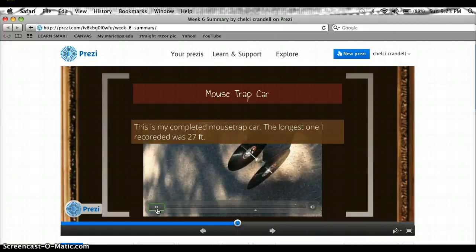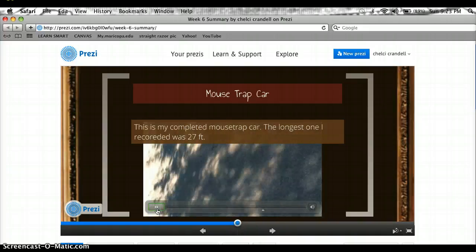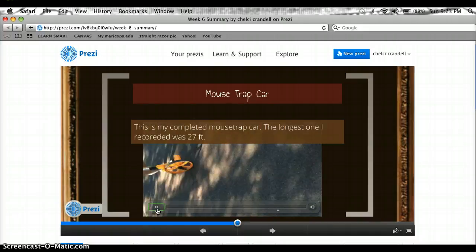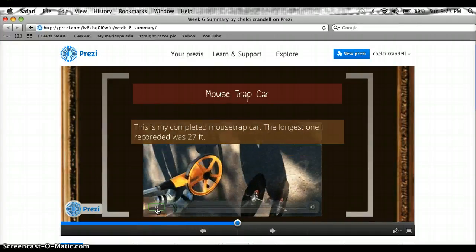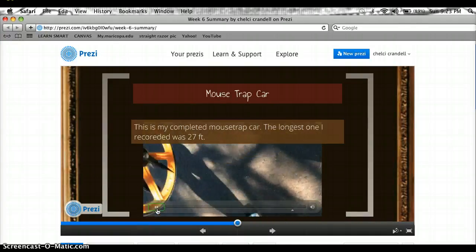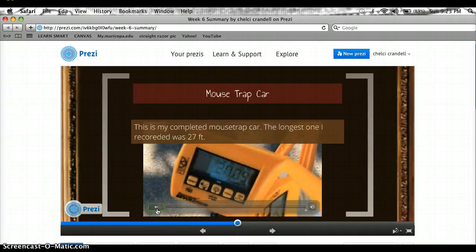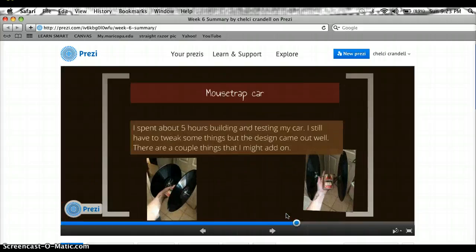Let me measure it. 27 inches. So that was when I did my mousetrap car.